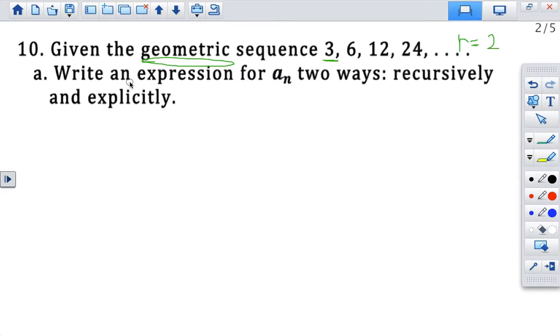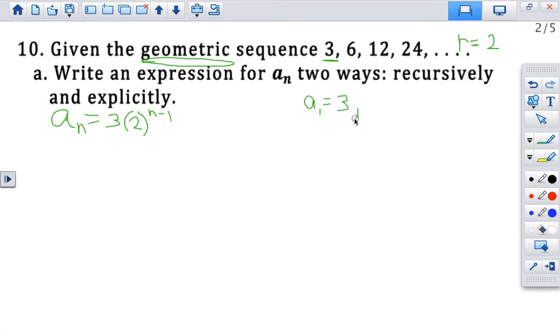So now to write it explicitly, let's do that first since we've had lots of experience with that. So a sub n equals the first term, which is 3, times the common ratio, which is 2, raised to the power of n minus 1. Okay, super easy, right? Now for the recursive formula, you have to say that a sub 1 equals 3. You have to give us the first term.